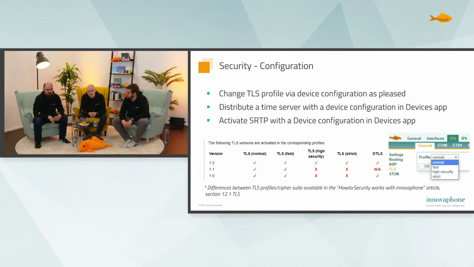It's much bigger than this little table here, and there you can see which ciphers we are using in these different profiles. Actually, in the fast profile we use ciphers with a smaller key, so that the phones are able to have a quicker RTP connection, quicker translation from secure to non-secure.